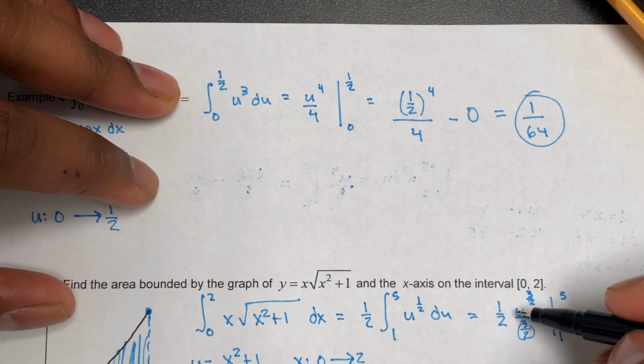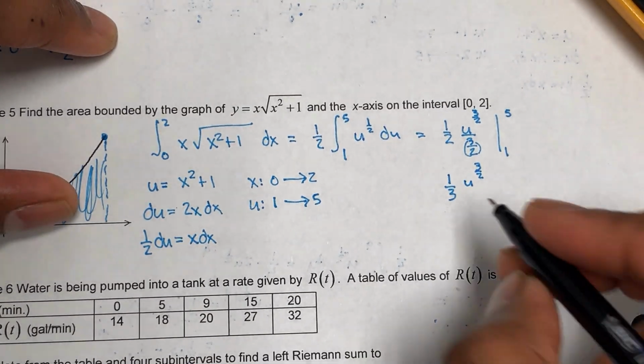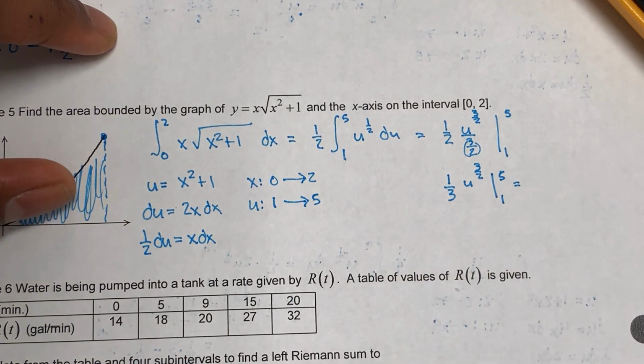That's the same as multiplying by 2/3. So we're going to have half of 2/3, so 1/3 u to the 3/2, evaluated from 1 to 5.